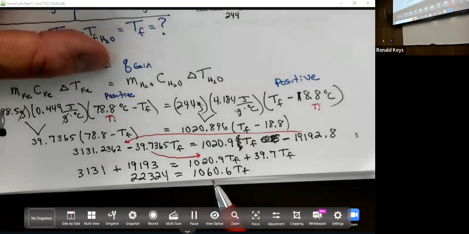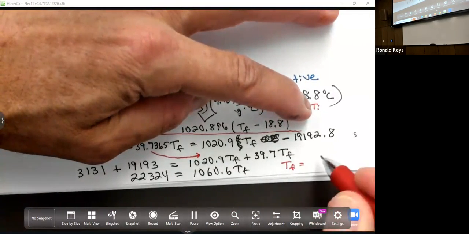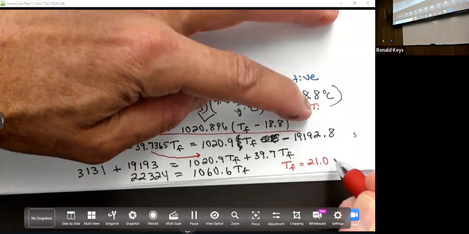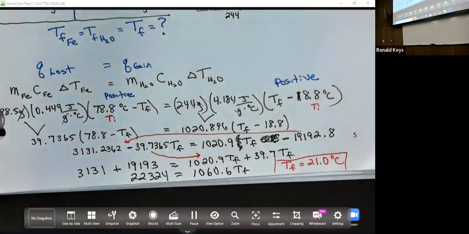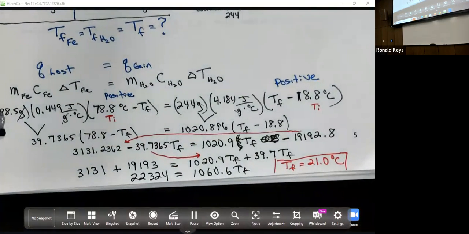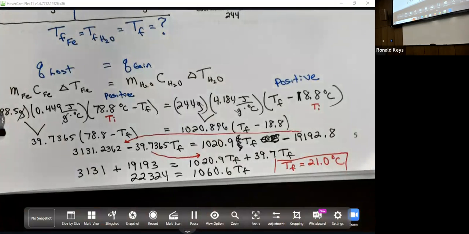Then if I divide both sides by 1060.6, I'm going to get T final equals 21.0. And make sure when you're all done, it makes logical sense. It should heat up. If we start at 18.8, is it reasonable to end up at 21? That's fine, right?